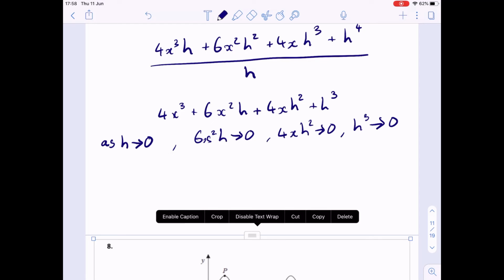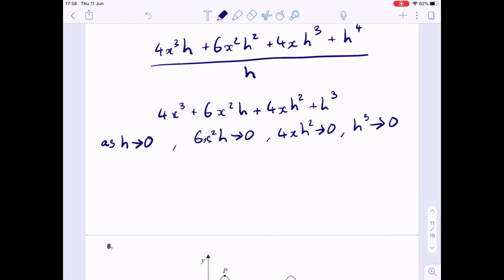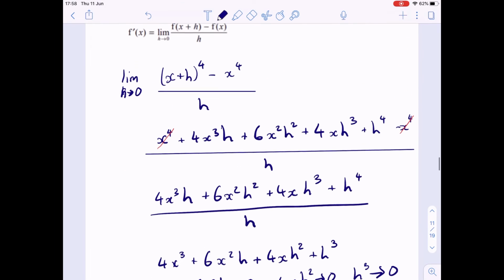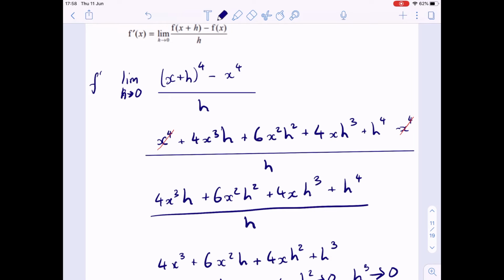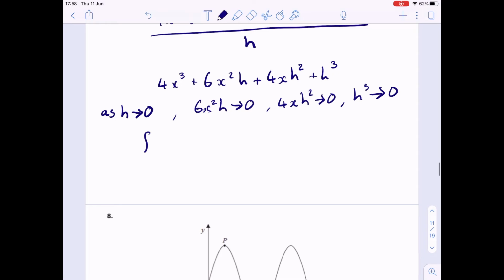So if we call this f dashed of x, we can say f dashed of x is going to equal just 4x cubed.